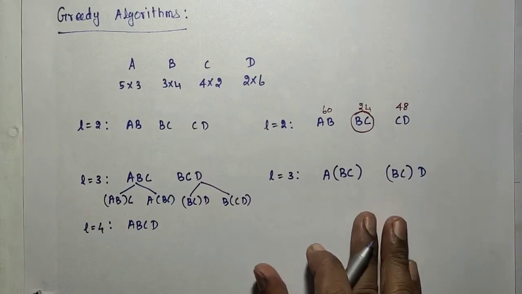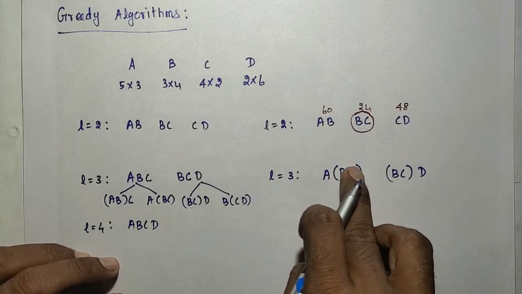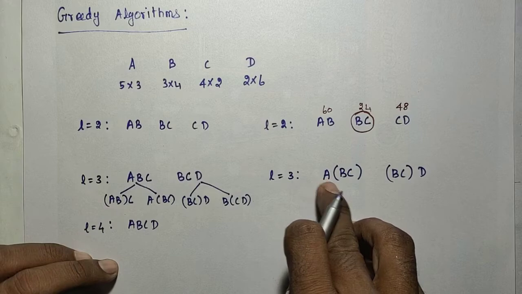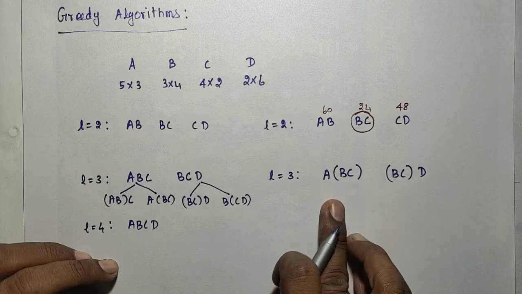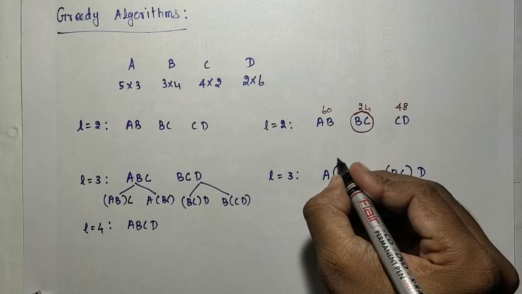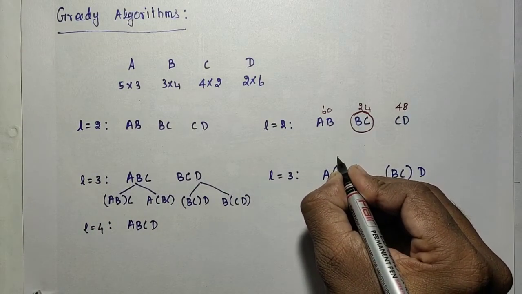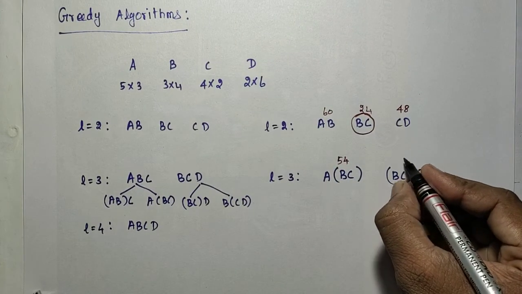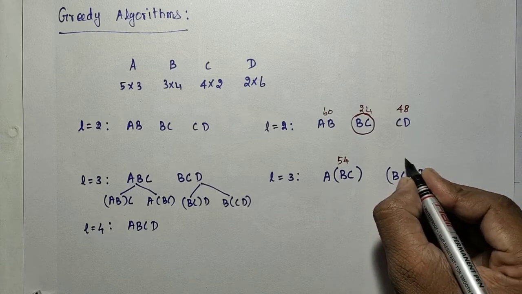So here the number of multiplications for BC is 24, plus the number of multiplications needed for A and that BC. From that it is clear that A into BC needs 54 multiplications. BC into D needs 60 multiplications.